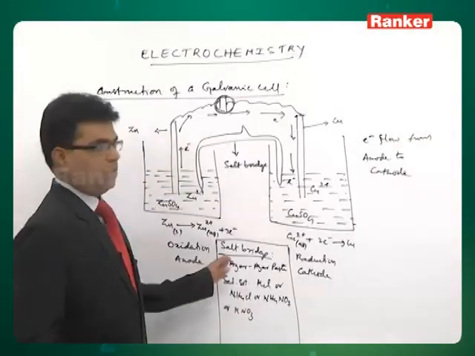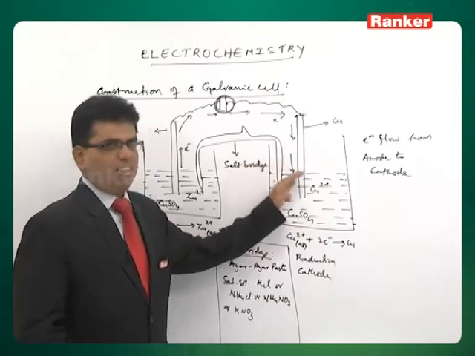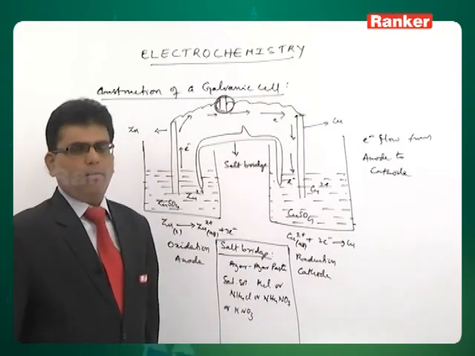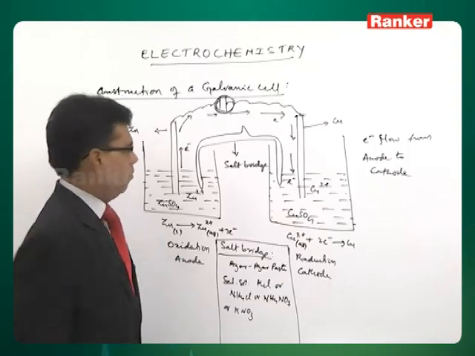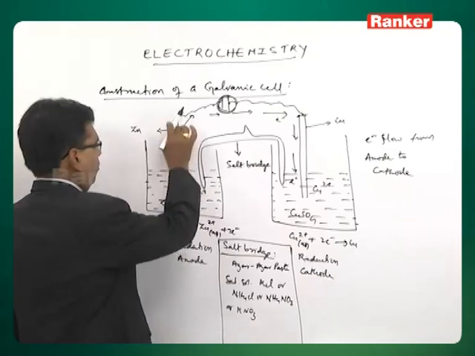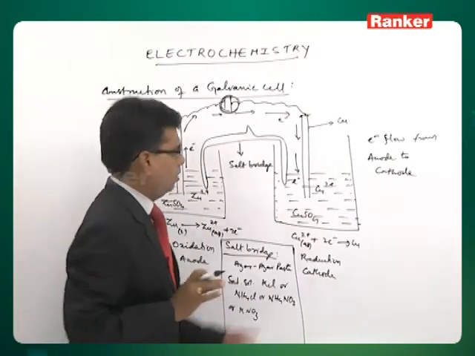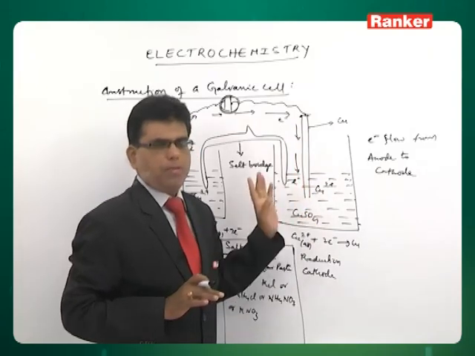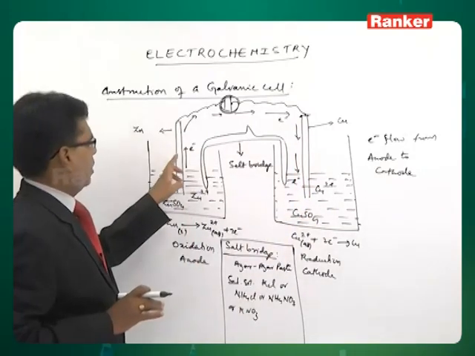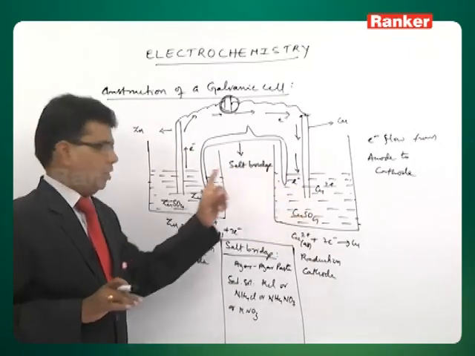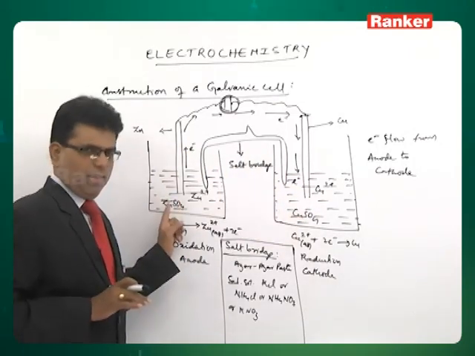The purpose of the salt bridge we will discuss a little later, but before that we complete the explanation for the working of the galvanic cell. Here this is the oxidation half cell where the zinc rod is dipped in zinc sulphate solution. This is the reduction half cell, the copper rod dipped in copper sulphate solution. Now, zinc being more electropositive than copper, the preferential oxidation will be for zinc.